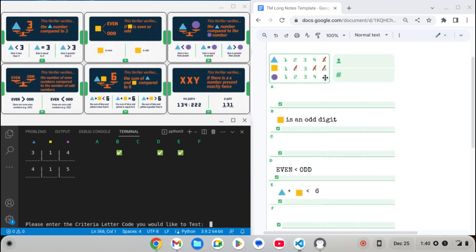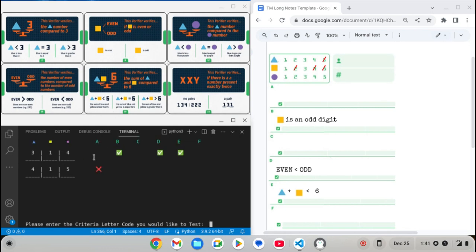If you want circle to be greater, I think that would mean you would only be able to cross out the 1. That doesn't seem too beneficial. Let's go ahead and test criteria card A.